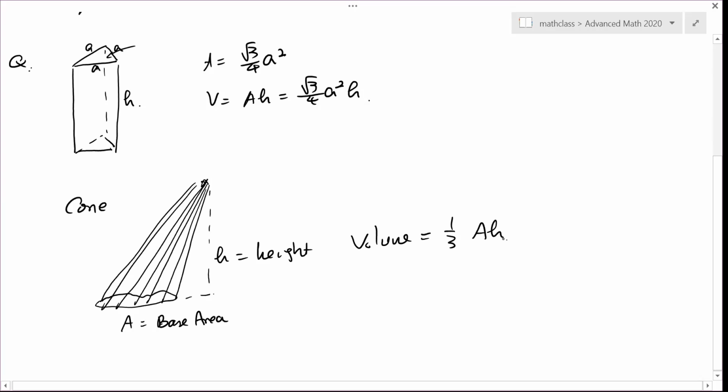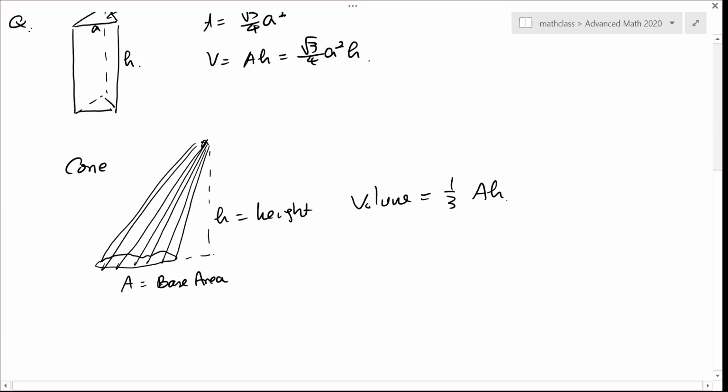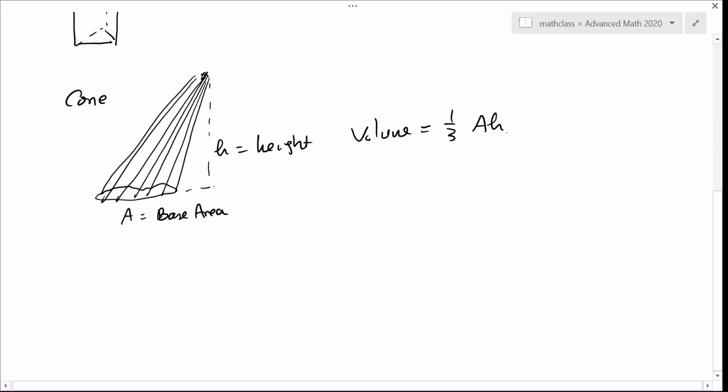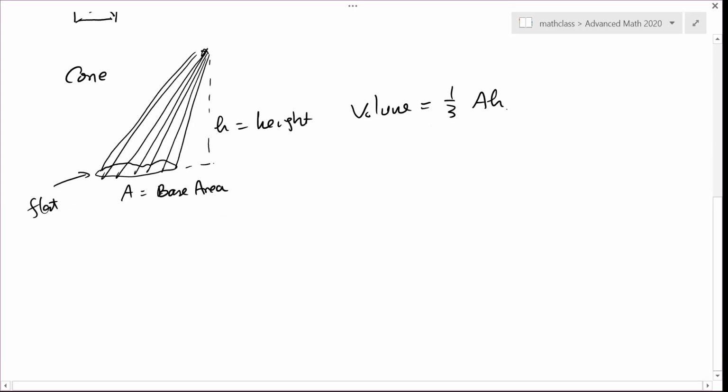A times H is the volume of the cylinder, then divide by 3. This is a flat base.